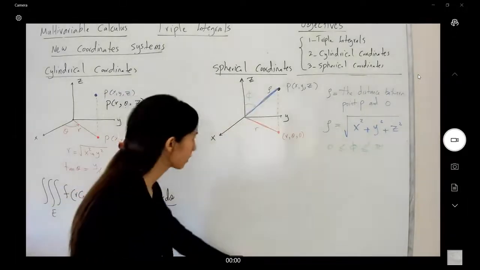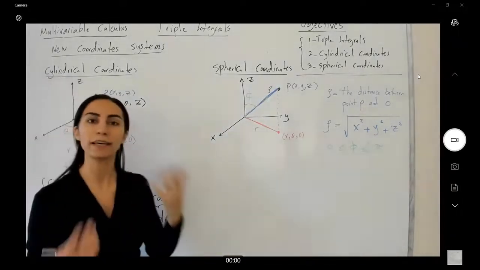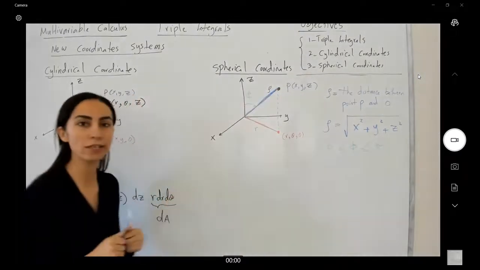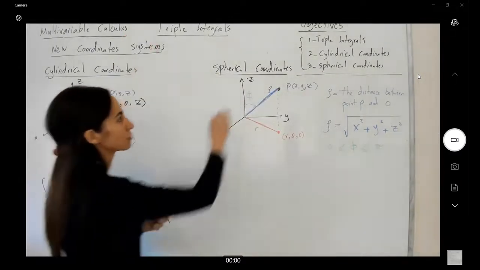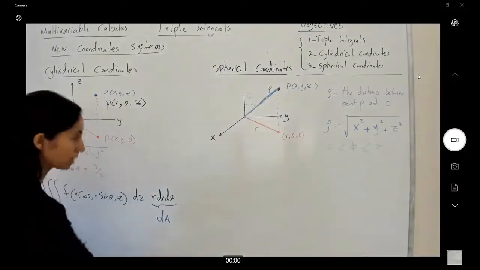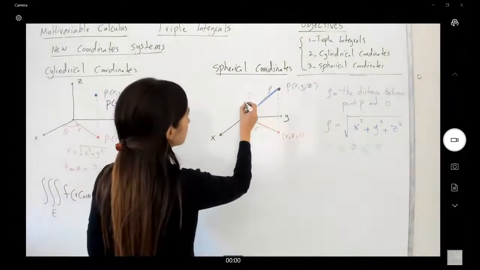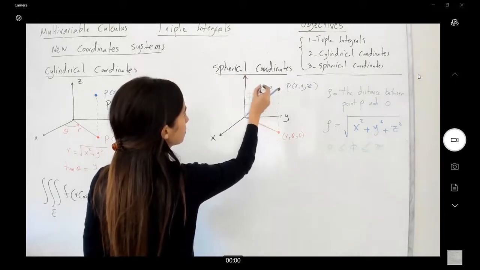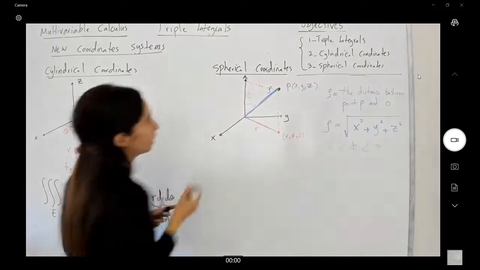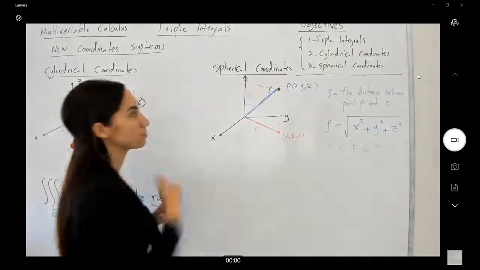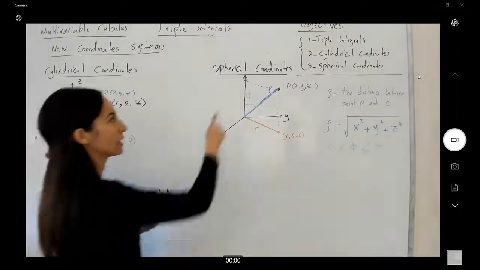Very well. So I expect you to ask, what if I want to project this point onto the z-axis? So let's take a look at this. I'm projecting this onto the z-axis and finding the distance between that point and the z-axis.